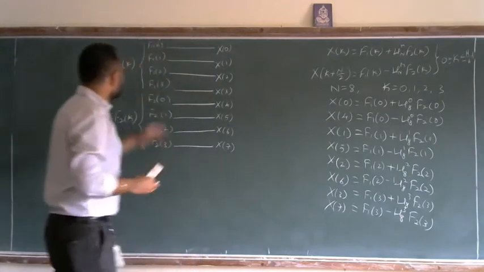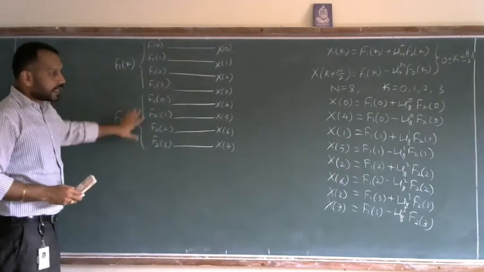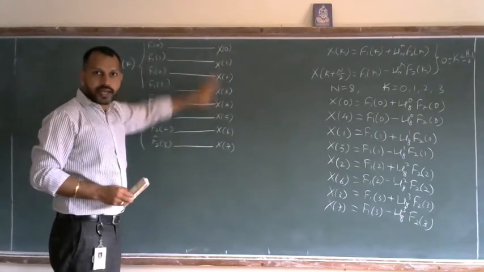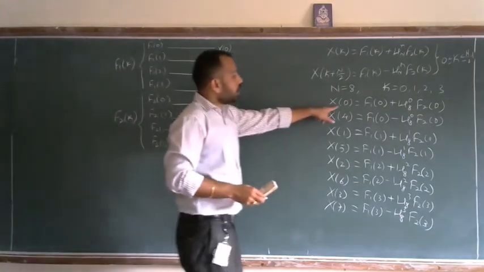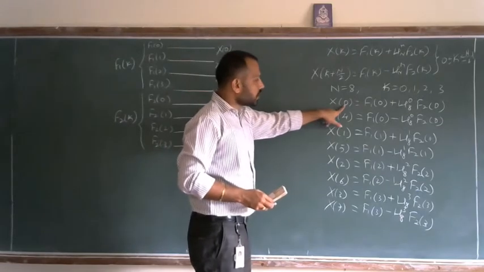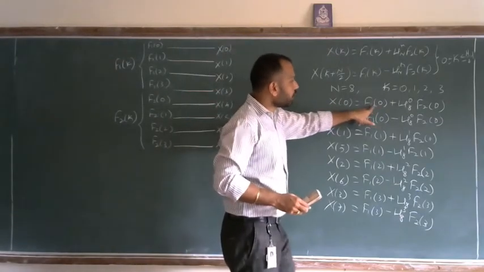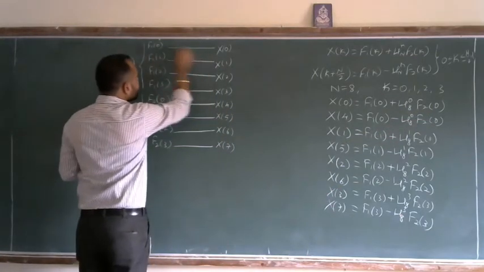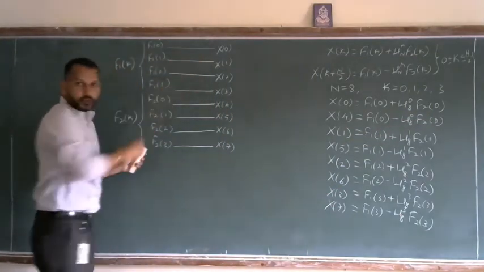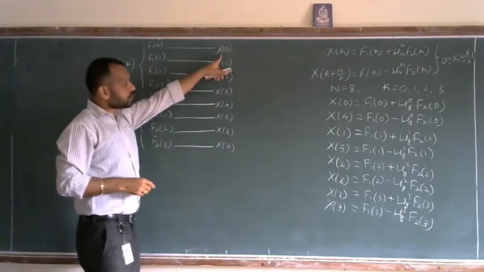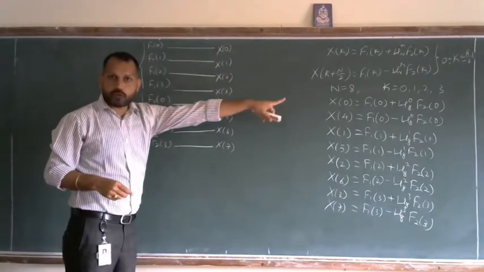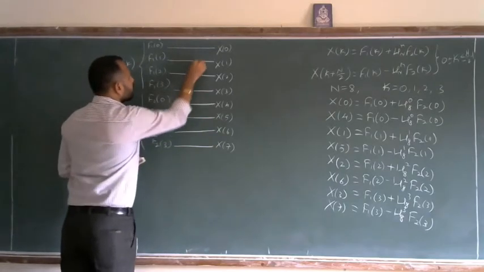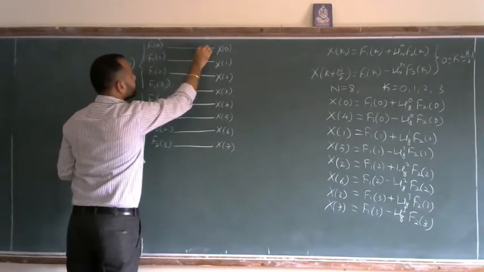Now, how inputs at this stage are being transformed to the output, which are the 8-point DFT. To obtain X of 0, we are adding f1 of 0 and f2 of 0. One of the signals, f1 of 0, is here itself. But to obtain this X of 0 point, I need f2 of 0 as well. f2 of 0 is here, so I'll make one connection.